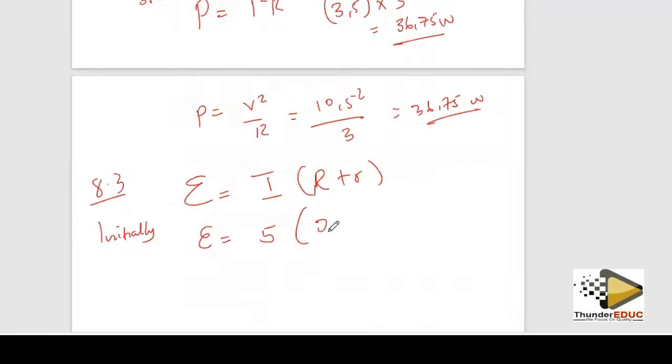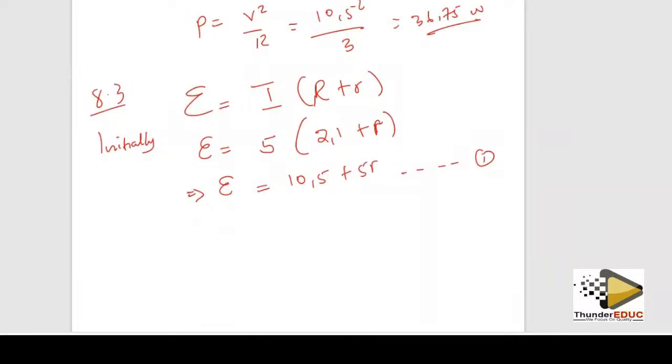Let me just use it as 2.1 plus R. I can simplify this further so that my EMF is going to be 2.1 times 5. That gives us 10.5 plus 5R. I can call this equation number 1.